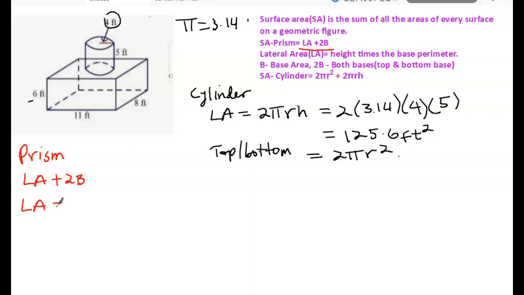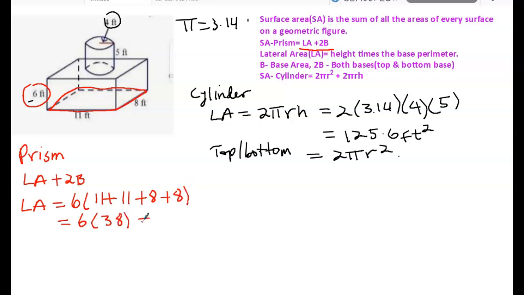Our LA is the height, so the height is here, and then we are looking for the perimeter, adding the base: 11 plus another 11 plus 8 plus 8. That gives us 38. And 6 times 38 gives us 228.